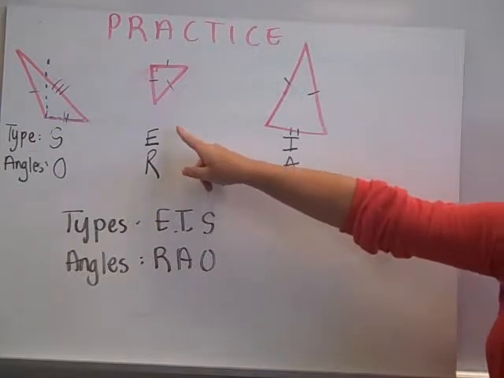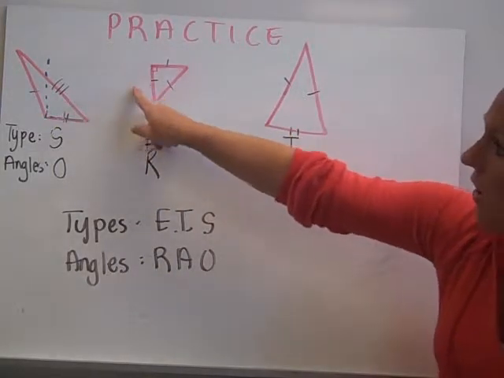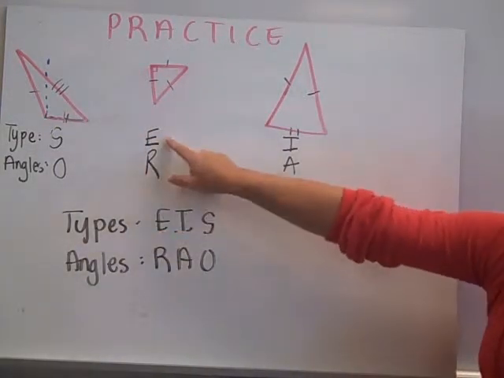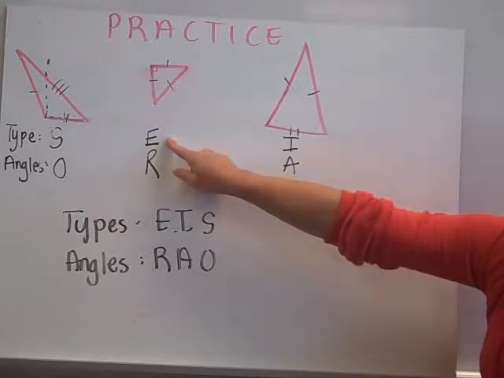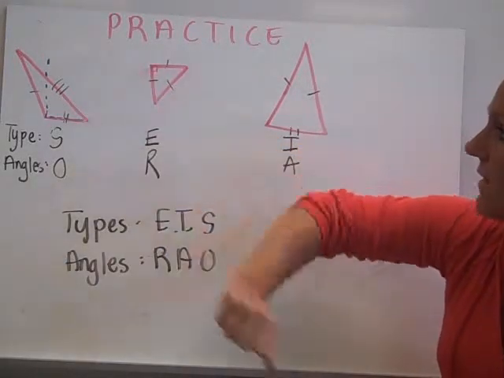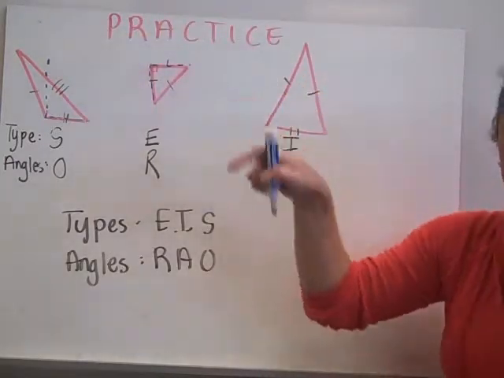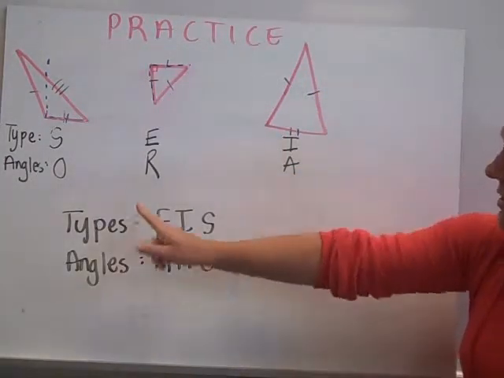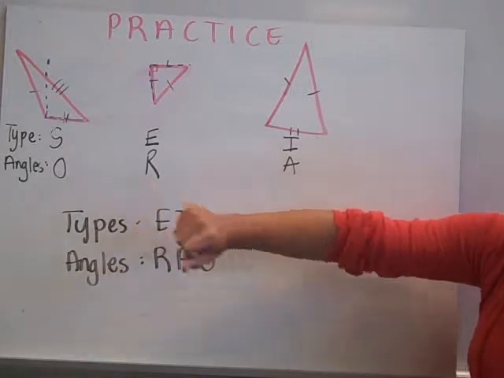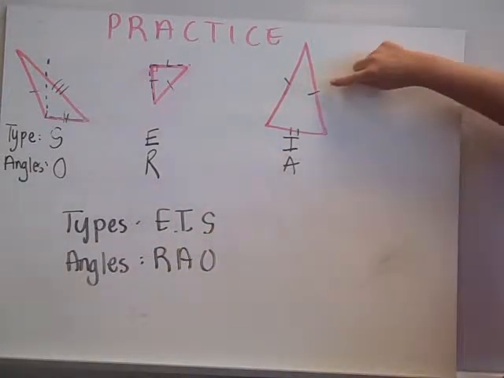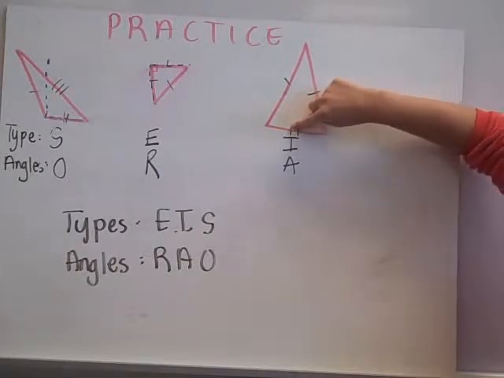Okay, moving to the middle. I notice that all 3 of these sides are the same length, making it equilateral. And then I notice I have that little guy, which means it's a right angle and it's a capital L. It's just upside down, so it's a right angle. And last one, again, I notice that these 2 sides are the same length and this one is different.